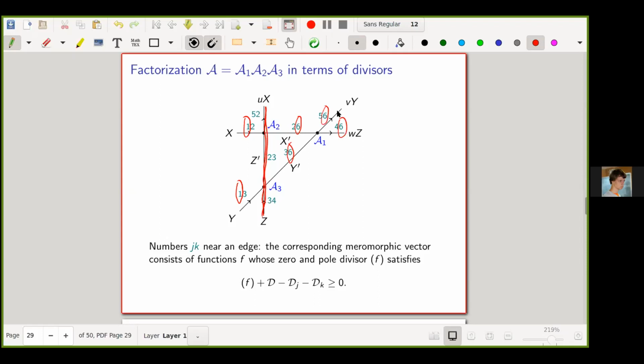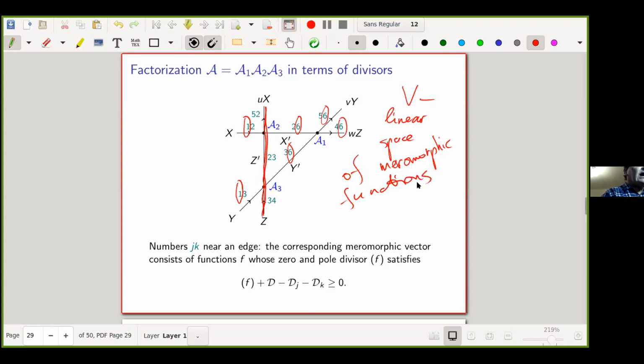Sorry, restriction on what? On functions. V is a linear space of meromorphic functions, which are such that everywhere the divisor of the function plus some fixed divisor D must be positive.